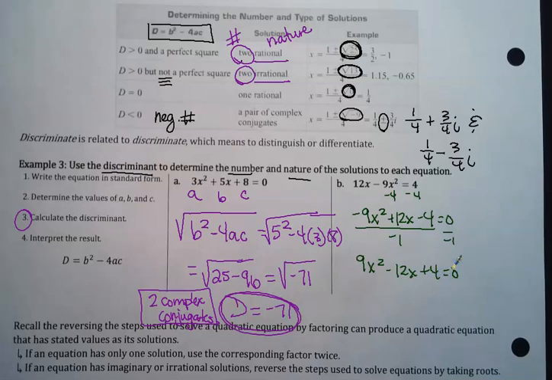Okay, now that I have that, determine my values of a, b, and c. a is 9, b is negative 12, c is 4, and we're ready to calculate the discriminant. So again, looking for b squared minus 4ac.